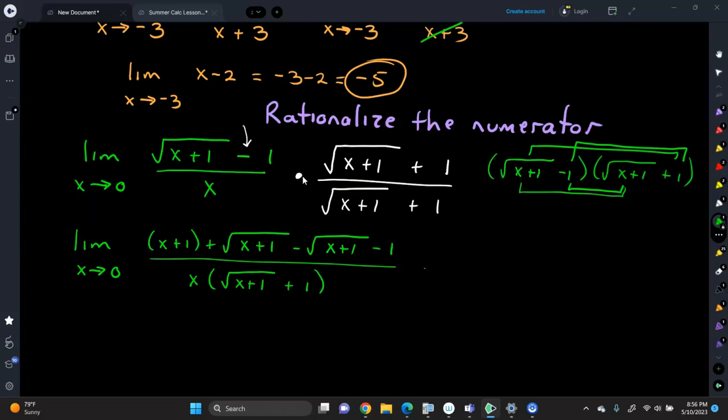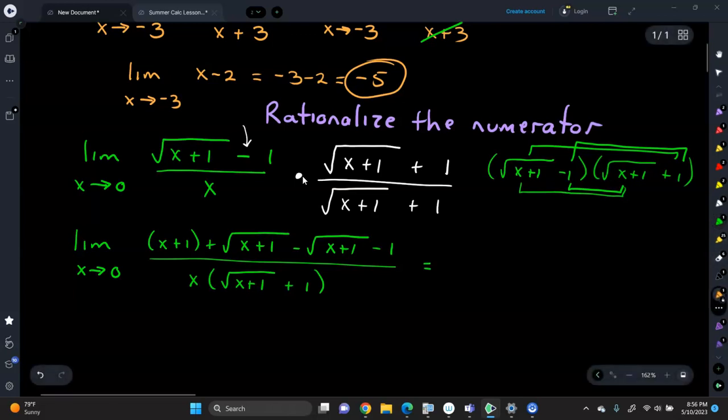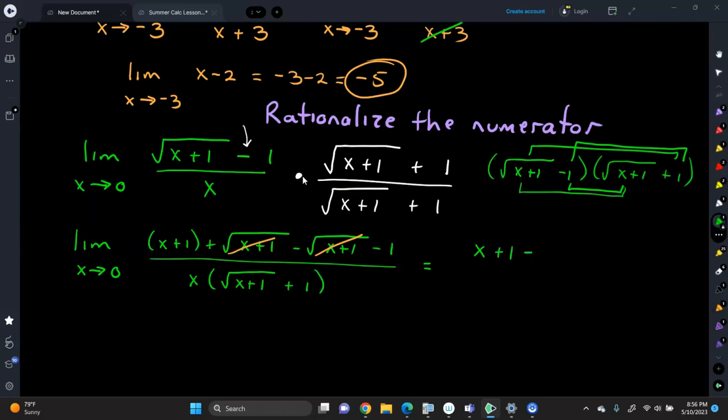Okay, so what do we have up top? These square roots cancel, and I'm left with x plus 1 minus 1 over x times the square root of x plus 1 plus 1. And notice I did not multiply that one on the bottom out. I just left that alone.